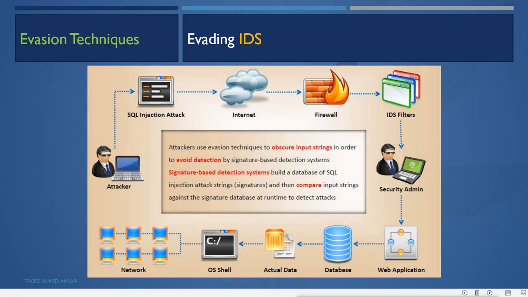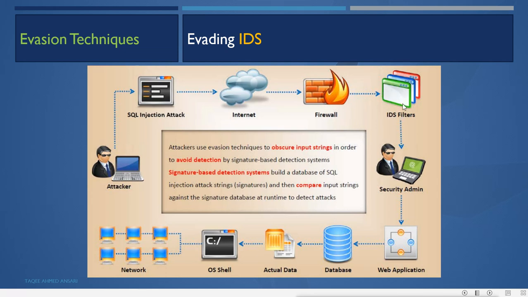So what this IDS does is it has a database of signatures of different attacks. When the attacker tries to do some query attack, injection, SQL query, it adds some command strings. Now those command strings are harmful, or we can say malicious, so the IDS knows.